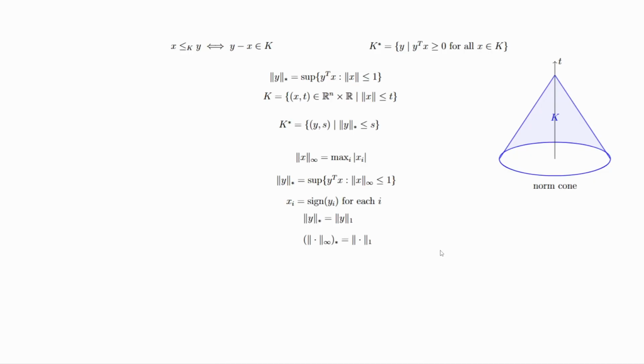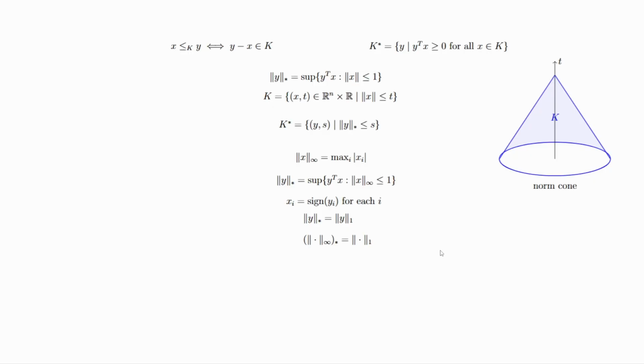But the simple addition of absolute values of y is simply just the L1 norm of y. So we've shown that the dual norm of y under the L infinity norm is simply just the L1 norm of y.